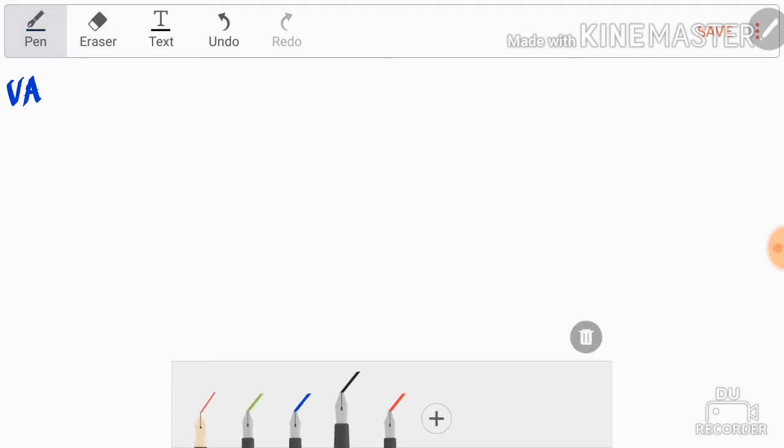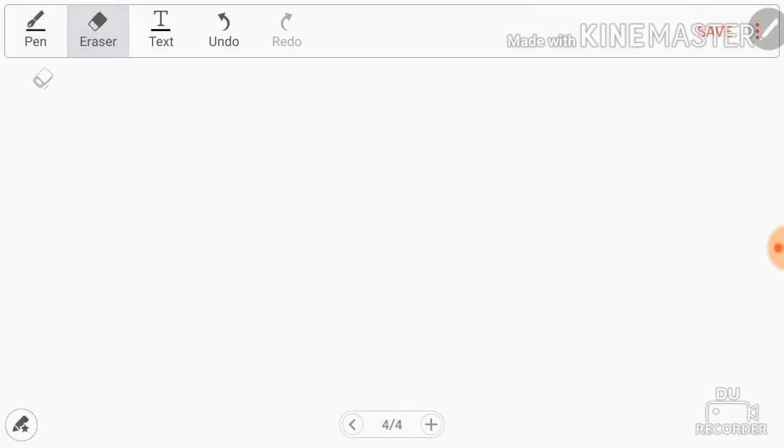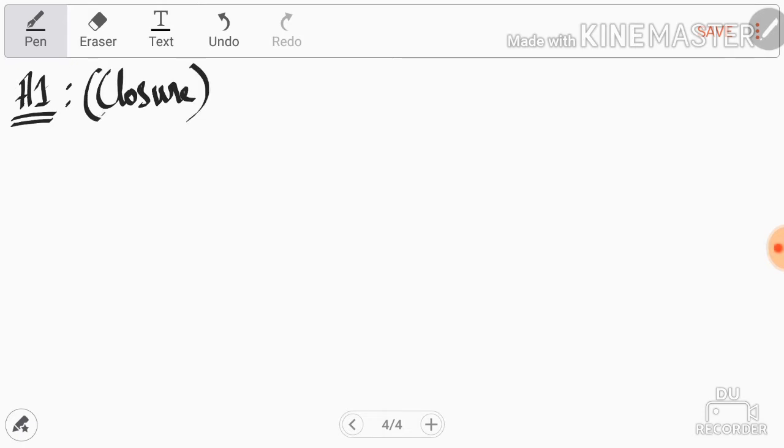I'll use a different color. So say this is for addition. The first property should be that addition is closed, and it's called the closure property.